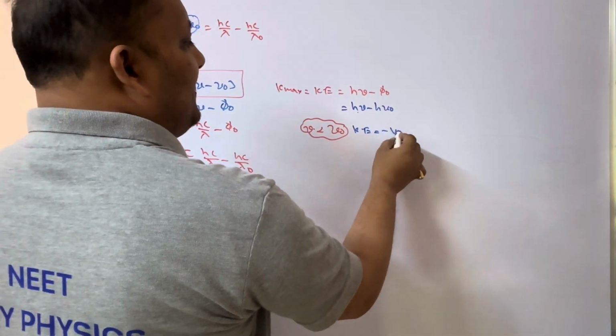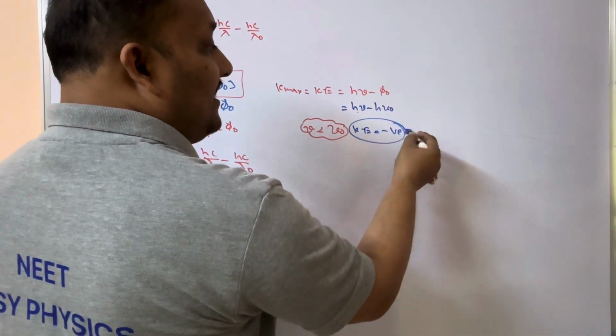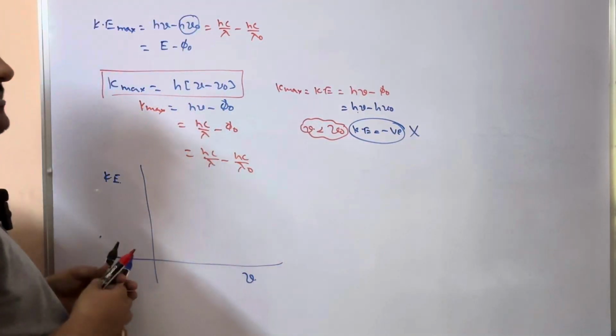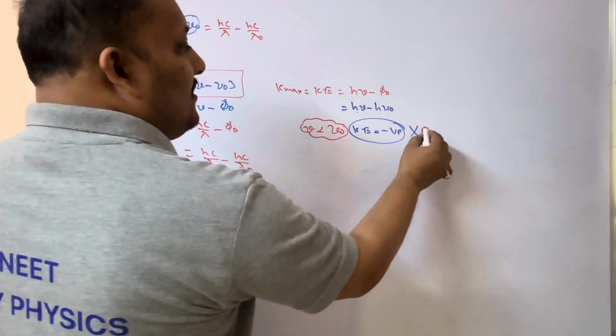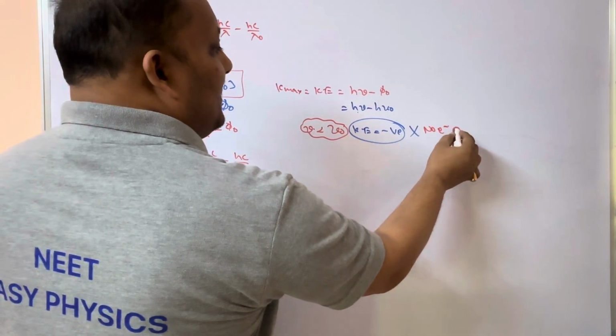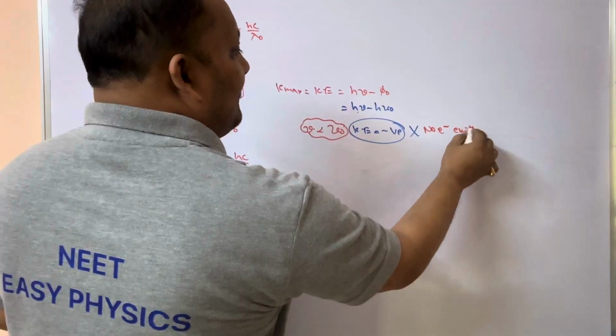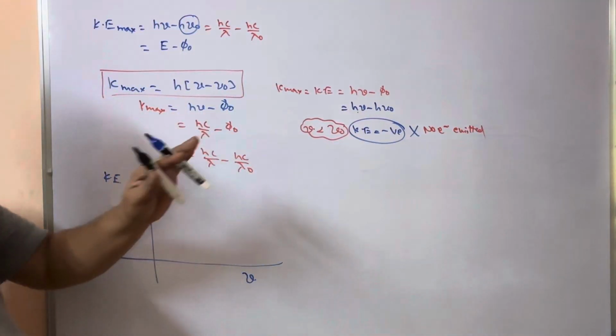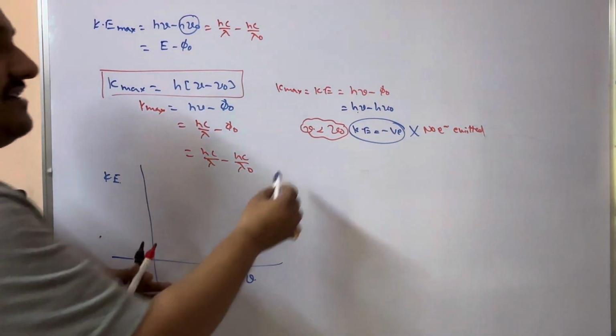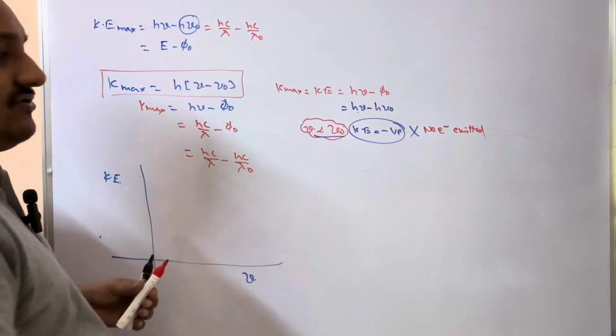Kinetic energy cannot be negative. Kinetic energy you are getting negative means that is not possible. That is not possible means no electron will be emitted from the metal surface. No photoelectric effect if incident frequency is less than threshold frequency.